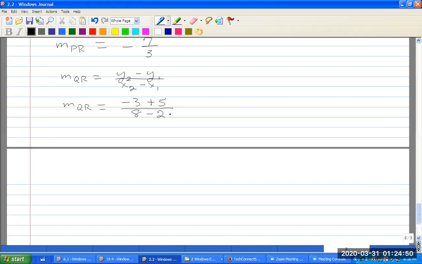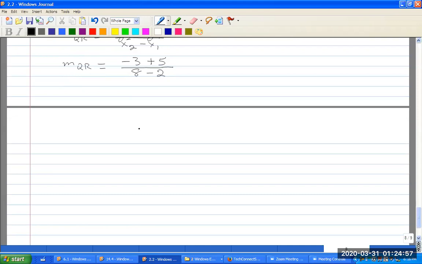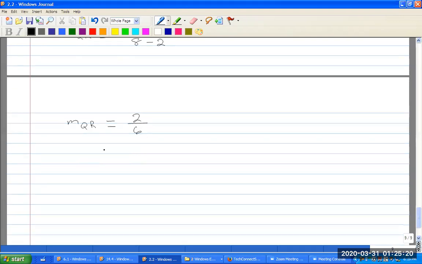And so that is negative 3 plus 5, which is a positive 2, over 8 minus 2, which is 6. So I can reduce this. So the slope is 1/3.